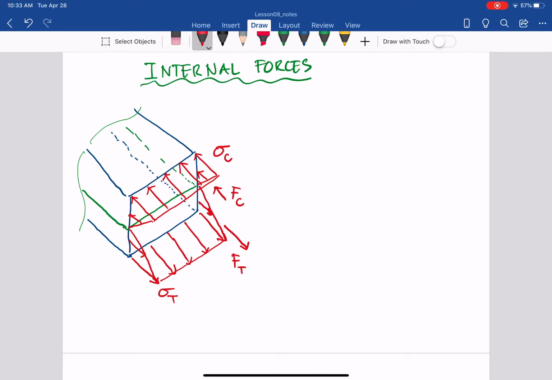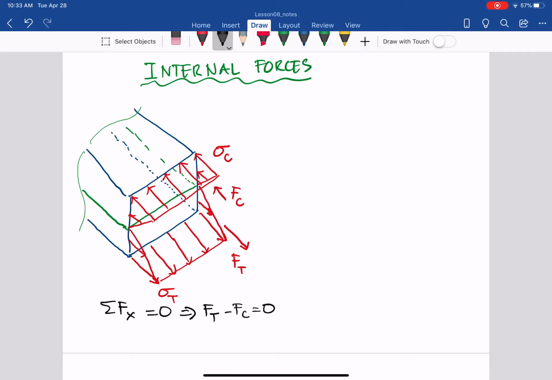The sum of all the force along the x-axis, the longitudinal axis, has to be equal to zero, because this is pure bending, only moment, no normal force. So Ft minus Fc equals zero.